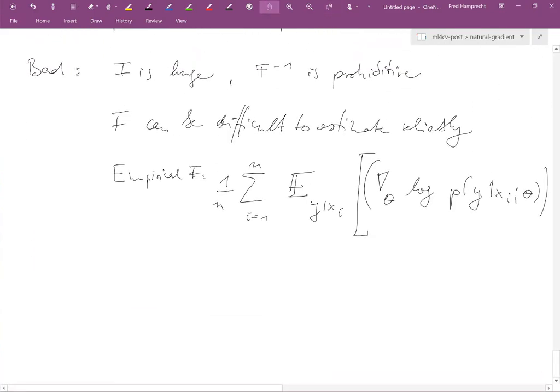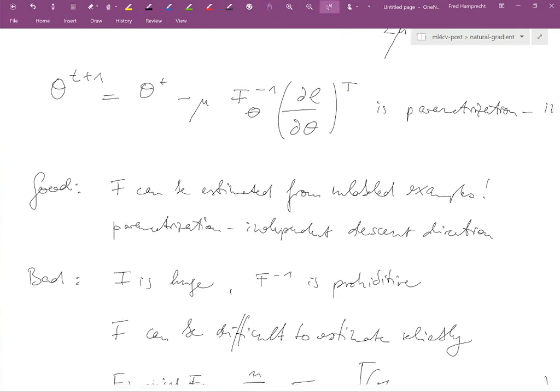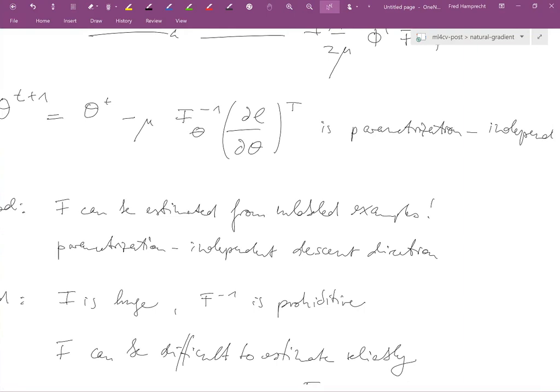Okay, so what we get overall is a rectification, if you like, of this local coordinate system. Yeah, so this Fisher information matrix allows us to estimate how big the impact of changing one parameter will be, and it also takes into account what are the interactions between different parameters.